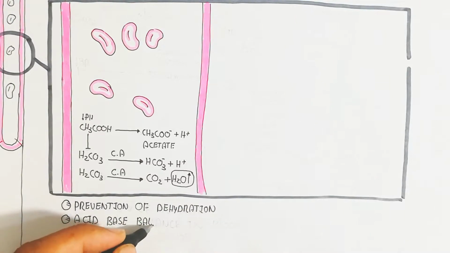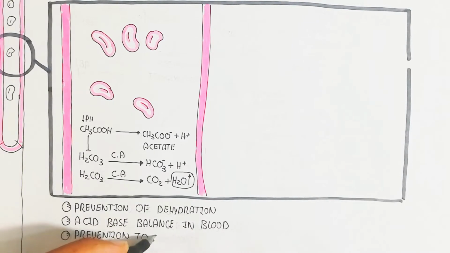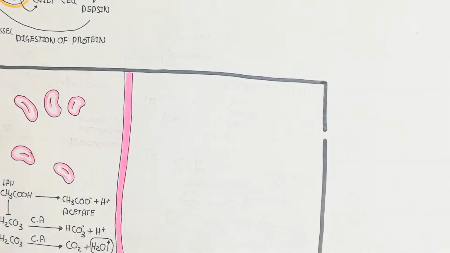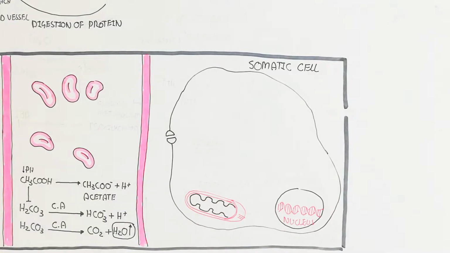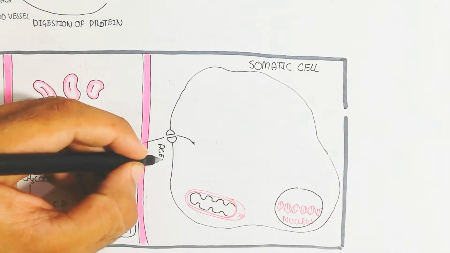So the prevention of dehydration due to apple cider vinegar is very important, and acid-base balance in the blood, including prevention of alkalosis. When there is more alkaline in our blood, we need the acetic acid or carbonic acid.